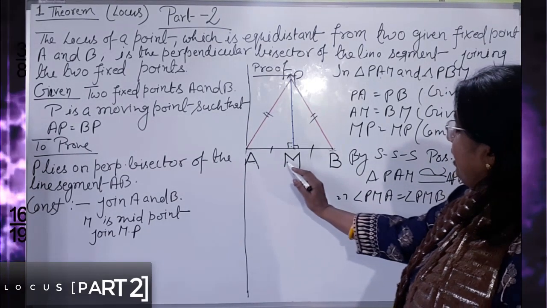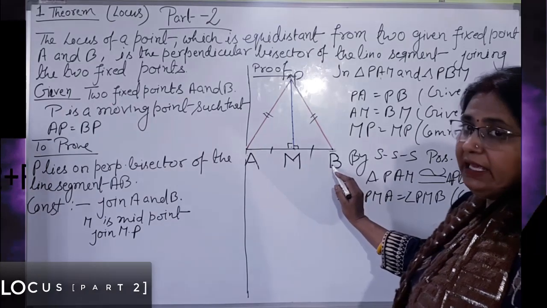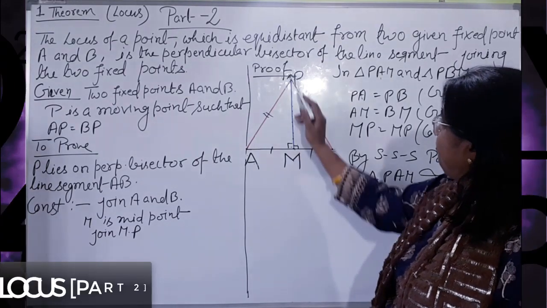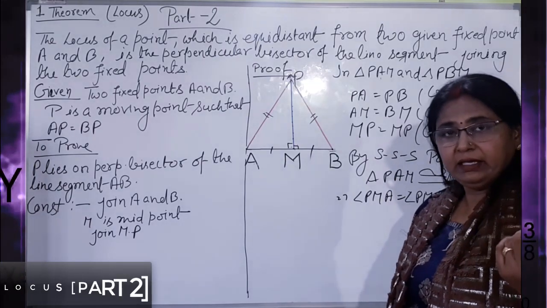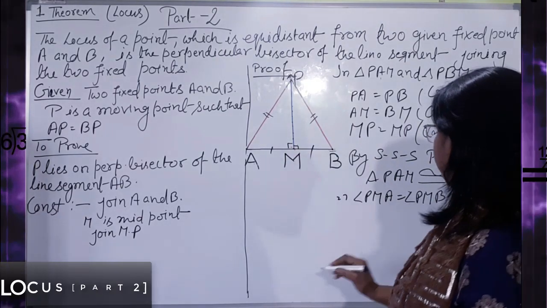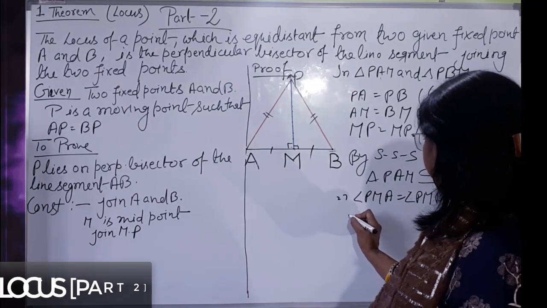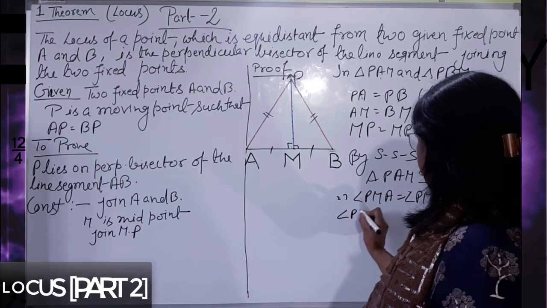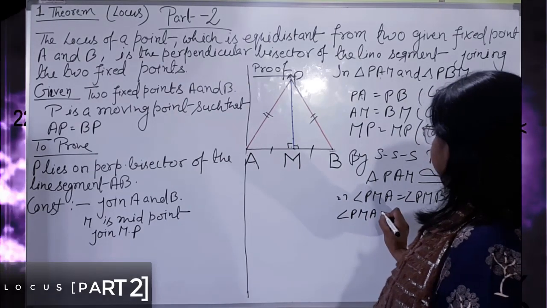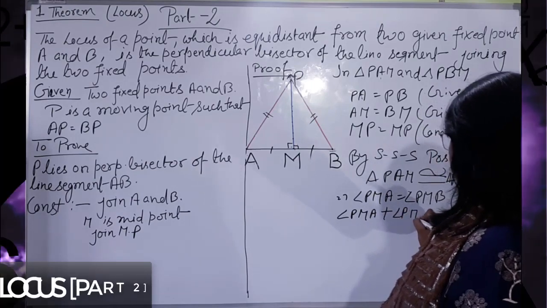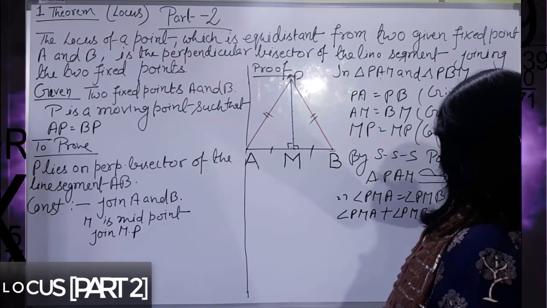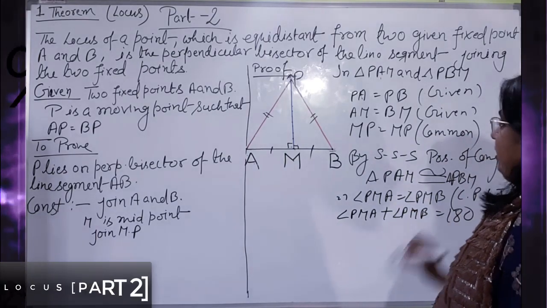Now AMB is a straight line. AMP and BMP are a linear pair of angles, so the sum of both is equal to 180 degrees. Angle PMA plus angle PMB is equal to 180 degrees.